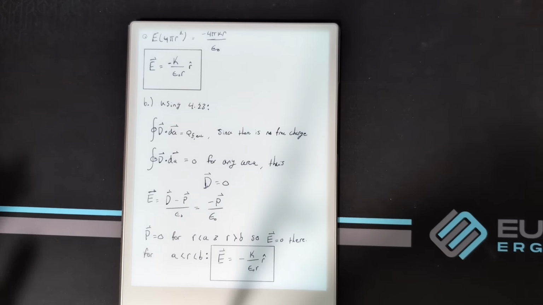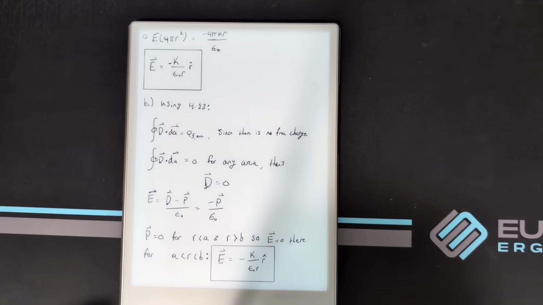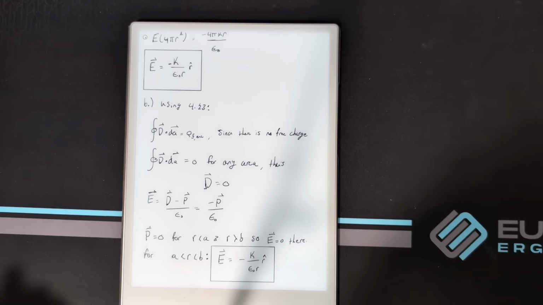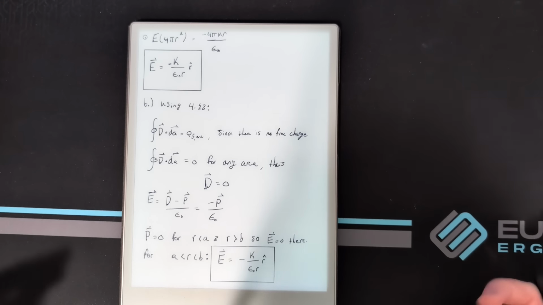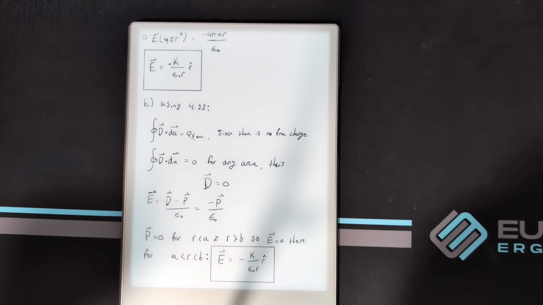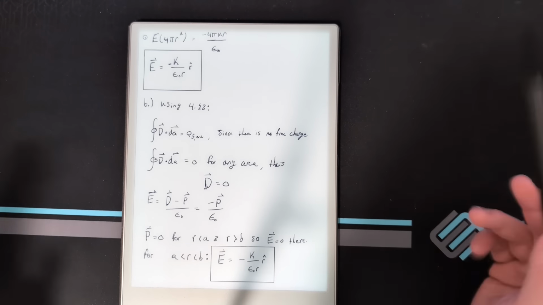So we found the electric field using Gauss's law, but now it asks us to use 4.23, which is essentially Gauss's law for the electric displacement, which only depends on the free charge. Then we can use that displacement field to derive the electric field from the relation between the two.